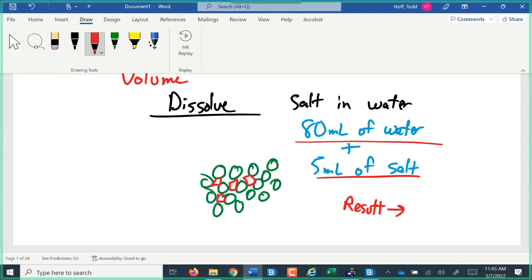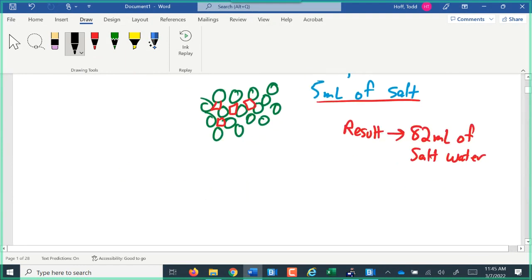But if we add 5 milliliters of salt to 80 milliliters of water, the result is going to be somewhere around 82 milliliters of salt water. So volume is not additive.